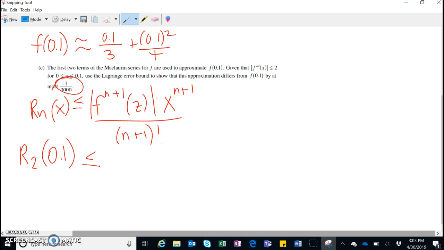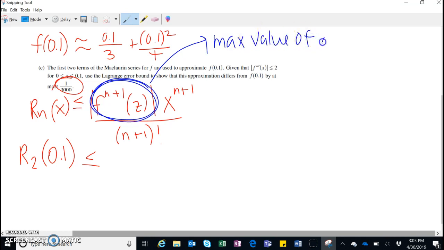So the trickiest part about this is this weird z notation right here. One way we can analyze that is that it's the maximum value of the next derivative. Since we used two terms to get our estimate, our next derivative would rely on the third derivative.